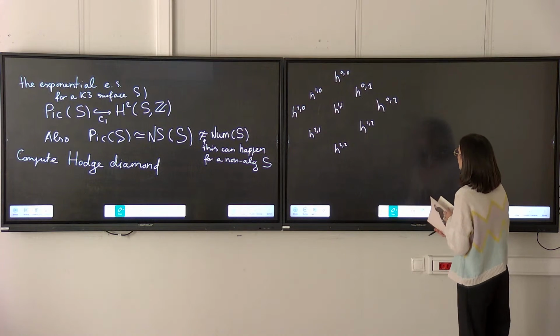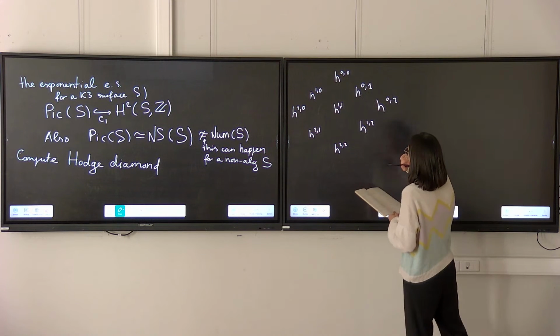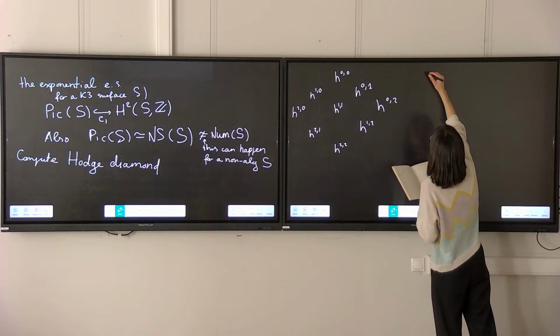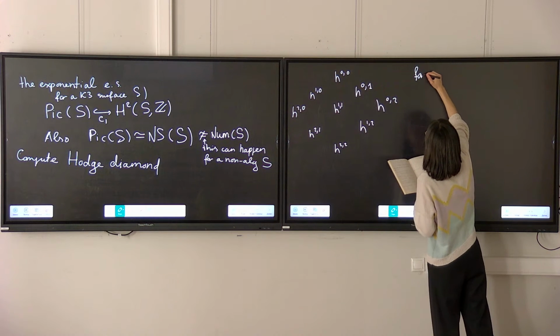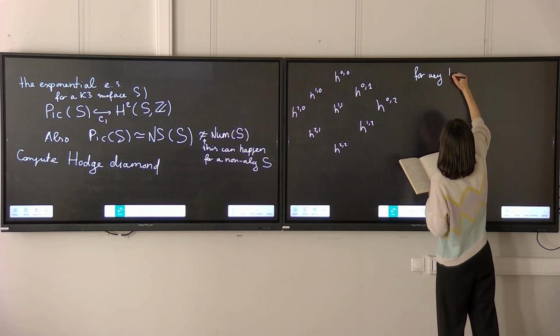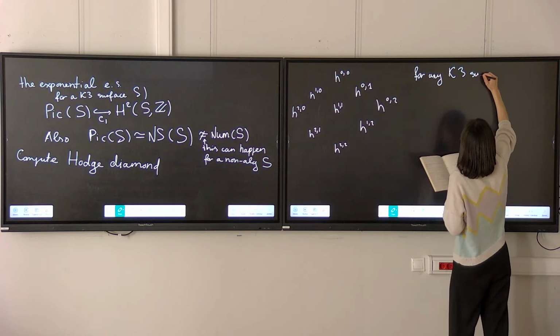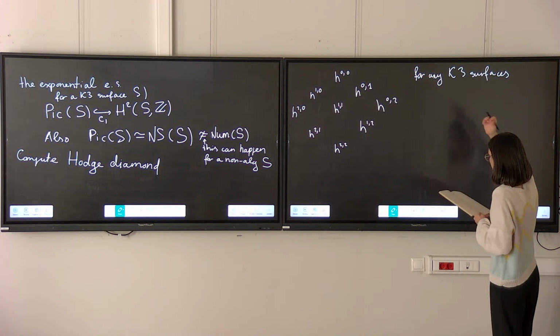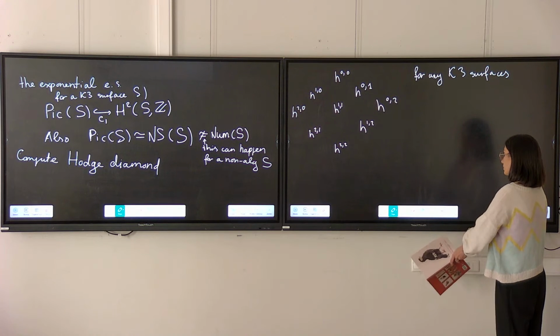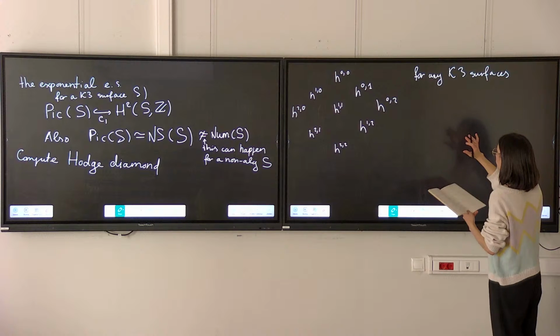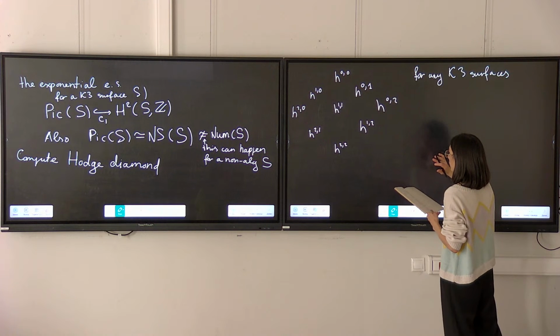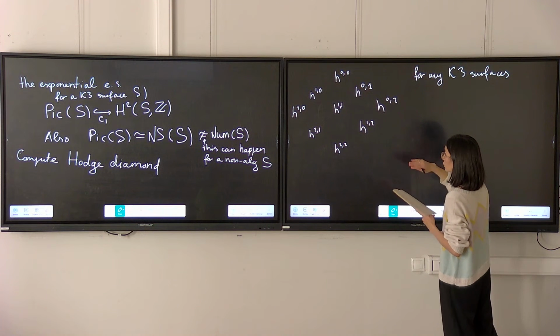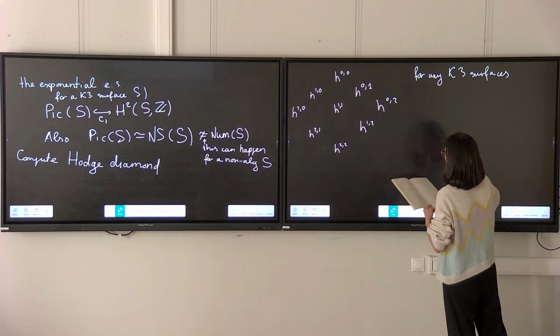And what is the Hodge diamond for a K3 surface? For any K3 surface, in all characteristics, and for non-projective ones too, but we will compute it just in a complex setting because I want to use Hodge decomposition.